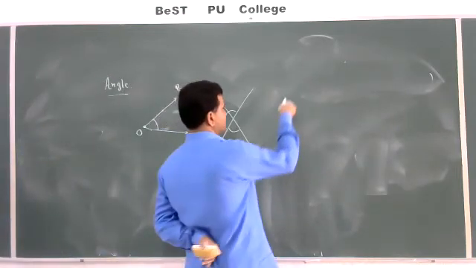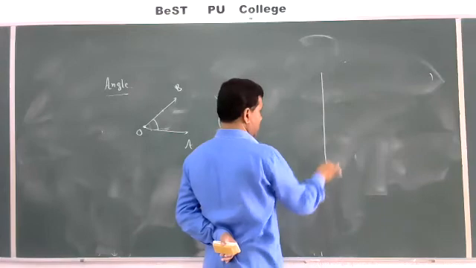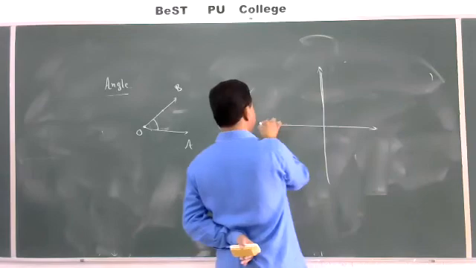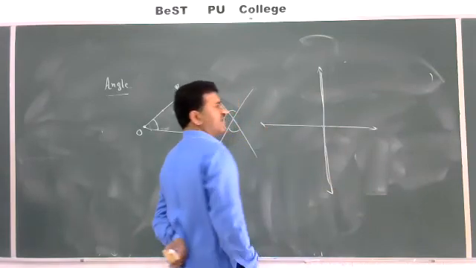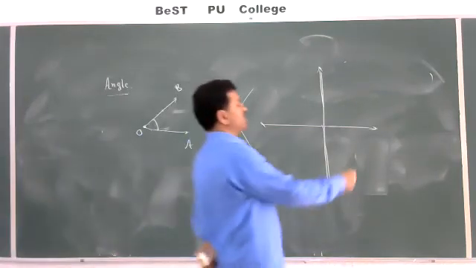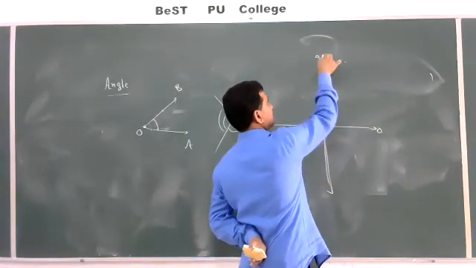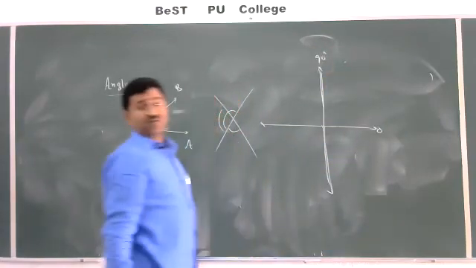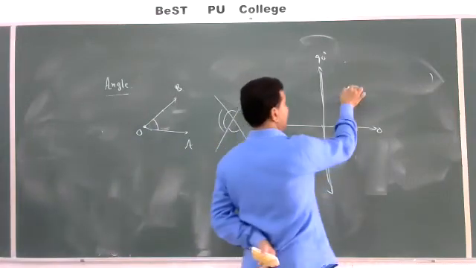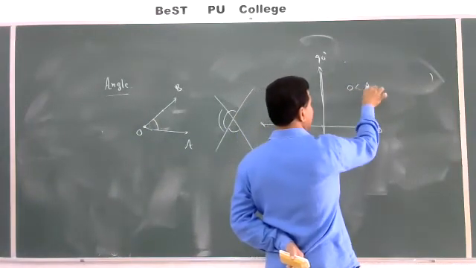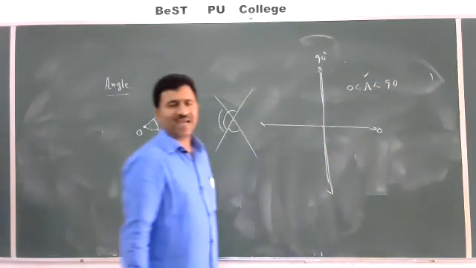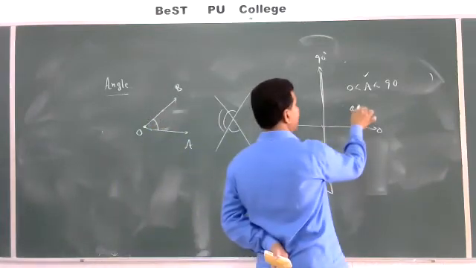Next, this topic is there for you this year in trigonometry. Types of angles. If the measurement of the angle lies between 0 and 90, that is, 0 is less than A is less than 90, then this A is called an acute angle.